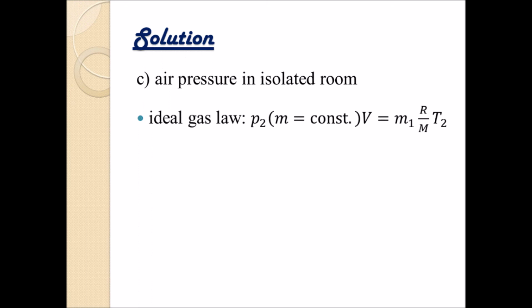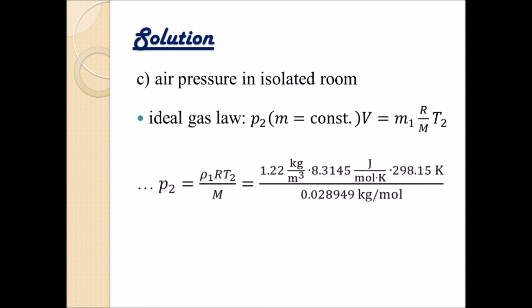On the right-hand side, we have the mass M1, the initial mass that we want to heat up now. We have given R over M, which is still constant. And in this case, we need to introduce the temperature T2. So we are warming up the mass M1 to the temperature T2 without any loss of mass.